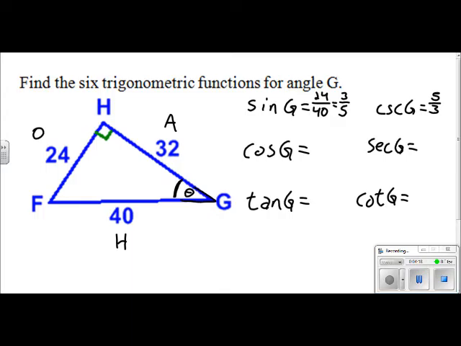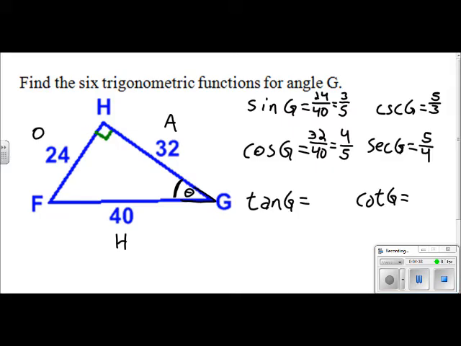So looking at the cosine, remember cosine is adjacent over hypotenuse, we would have 32 over 40, which again, dividing each by 8 to reduce, would be 4/5. And the secant of G is, again, just the inverse, so we flip that, so that would be 5/4.